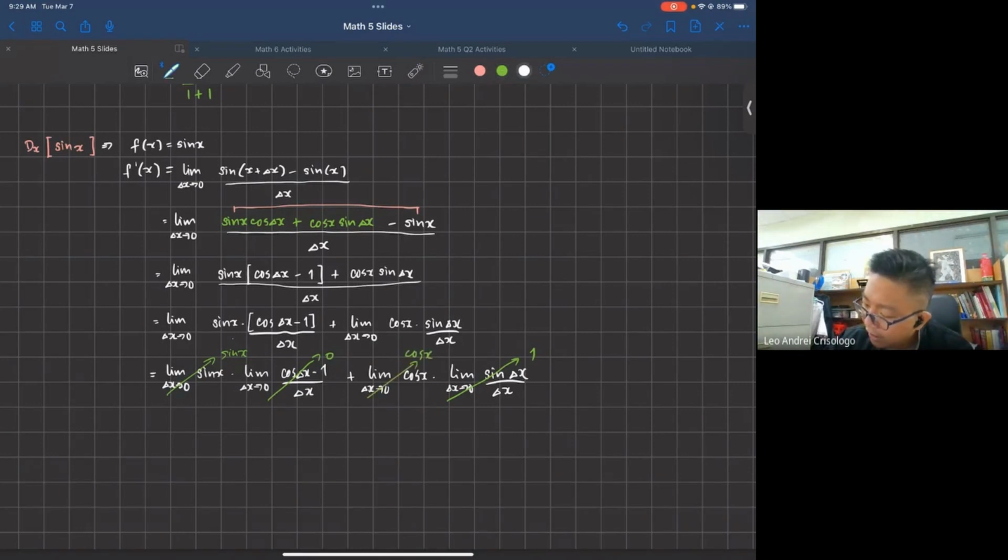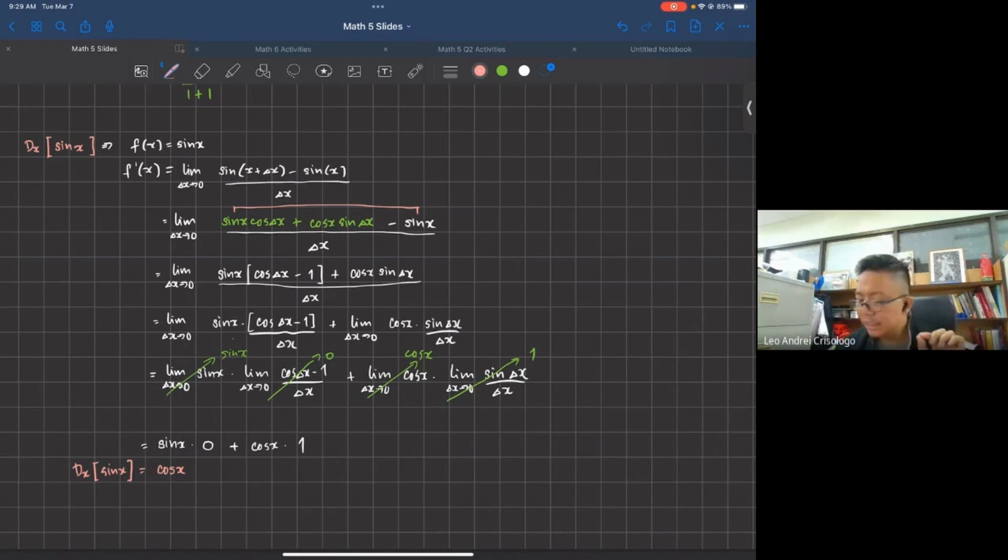So, ang result natin will be sine x times 0 plus cosine x times 1, giving us the result na ang derivative ng sine x ay equal sa cosine x. Memorize. We need to memorize this.